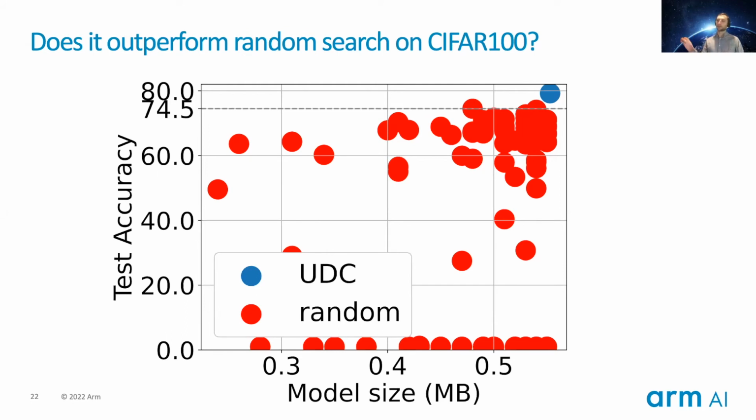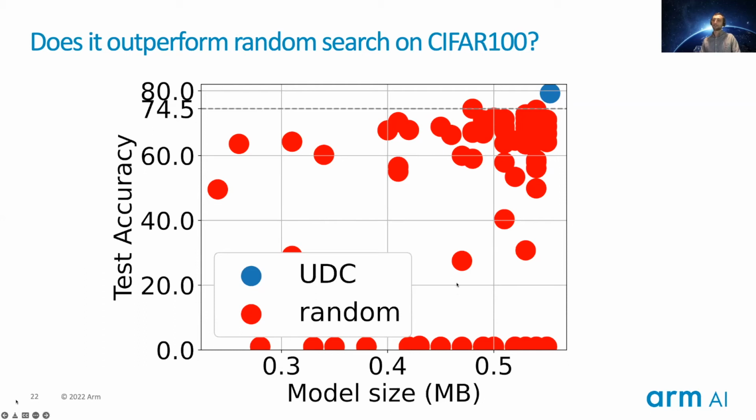This is showing you a scatter plot of the accuracy versus model size on the CIFAR-100 dataset. And what we see here is that our approach produces a model that's 5.5% better than any of the randomly sampled networks, which is good. But the other interesting thing is that this is showing that our search space is actually very diverse.